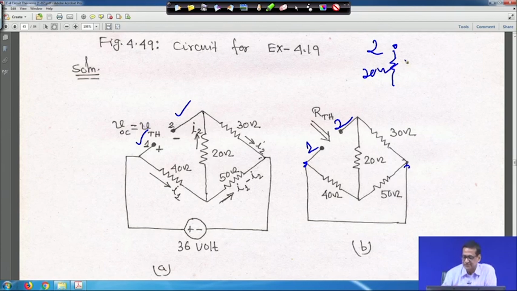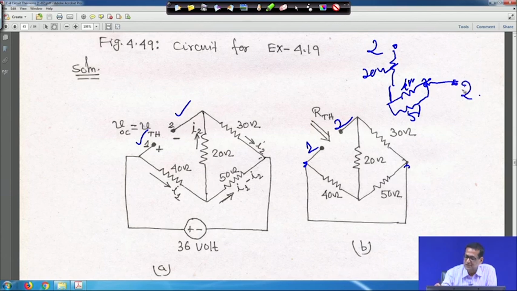Now, this 40 and 50 are actually in parallel. So this is 40 ohm and this is your 50 ohm, and this point is 1, and then this 30 ohm is connected like this.